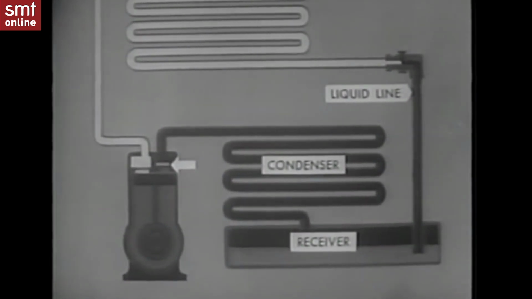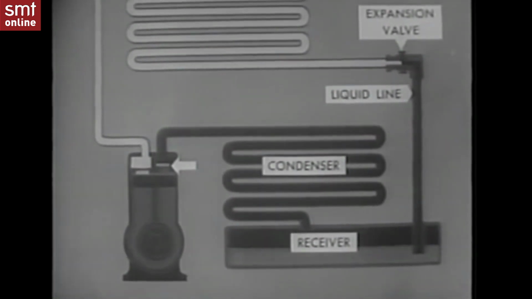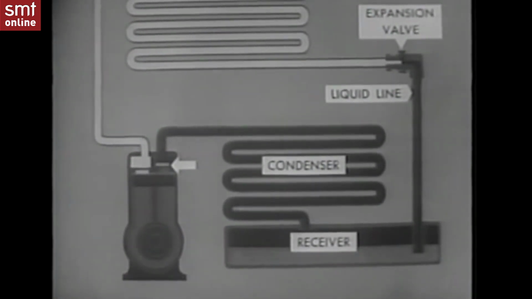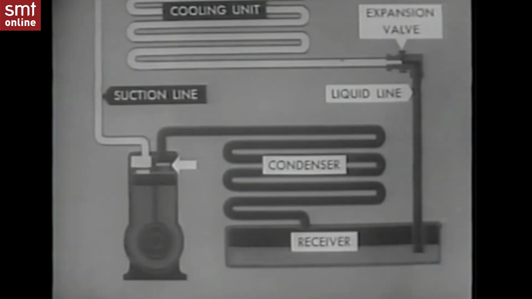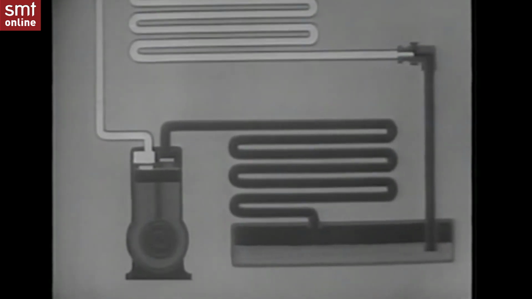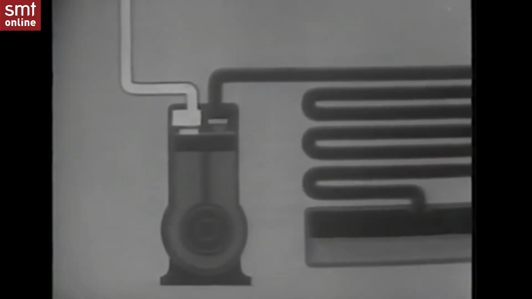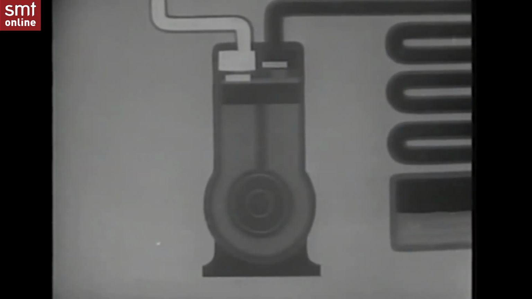The low pressure side is that part of the system through which the refrigerant moves under low pressure. This side starts at the expansion valve, which divides the high and low pressure sides, and includes the cooling unit or evaporator, the suction line, and the suction valve of the compressor. The compressor is essentially a cylinder in which a piston works. This is the course of a refrigerant through a typical compression cycle.